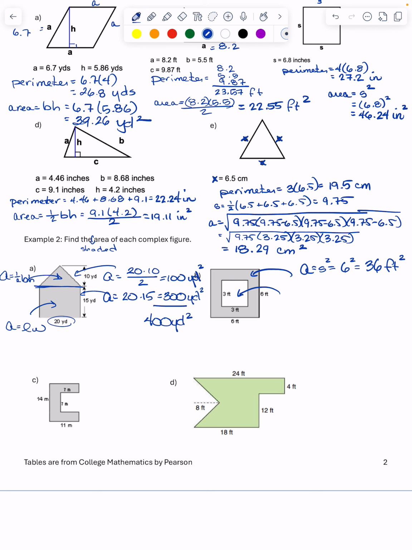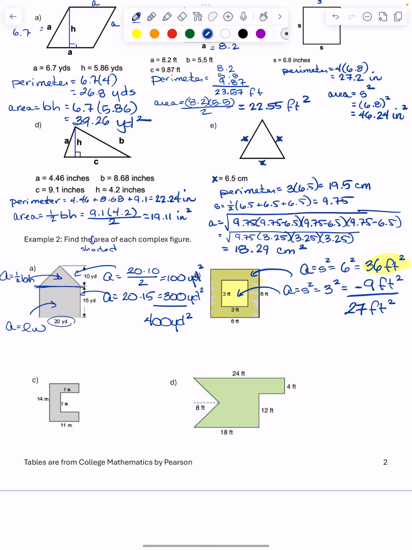So if I was looking at that 36 square feet, that's this whole thing, right? I don't want the whole thing. I want to take out that chunk in the middle. So the area I'm subtracting out is this little square. Sides are 3 by 3. 3 squared is 9. I'm going to subtract these and get 27 square feet.